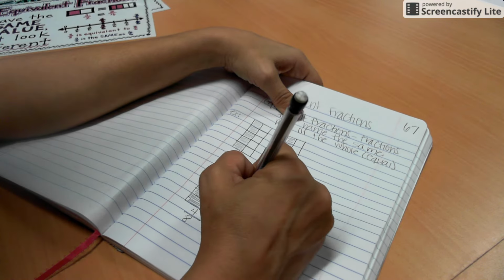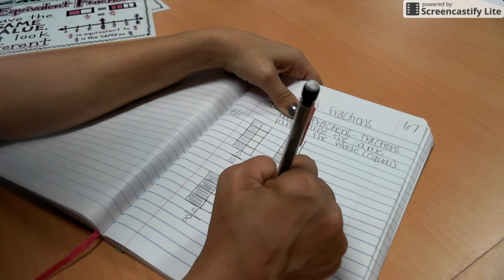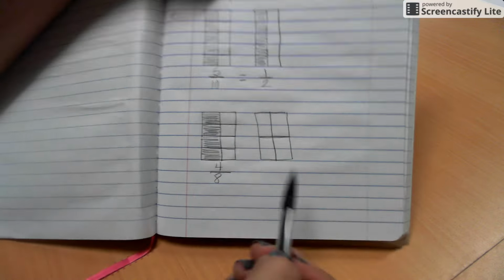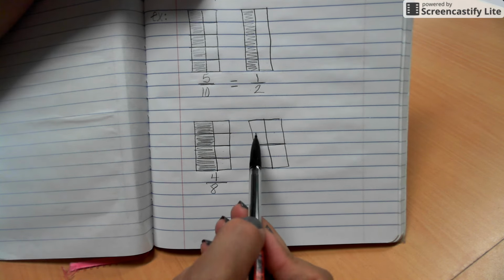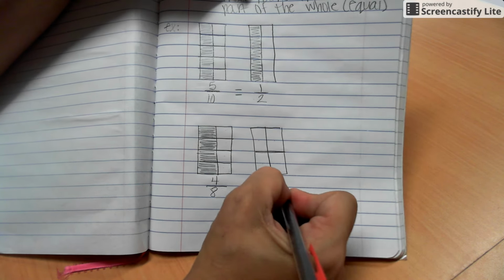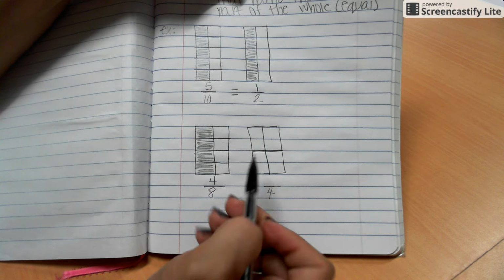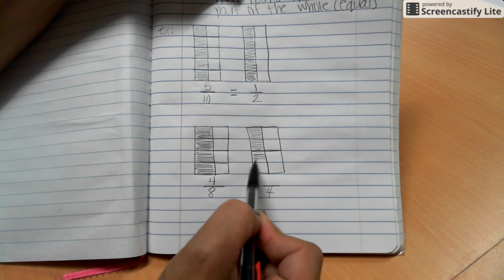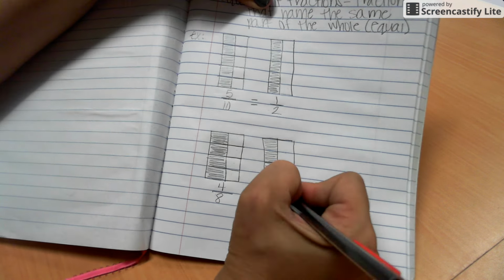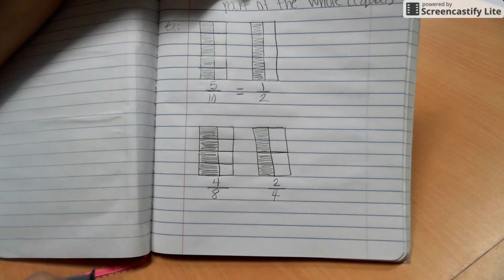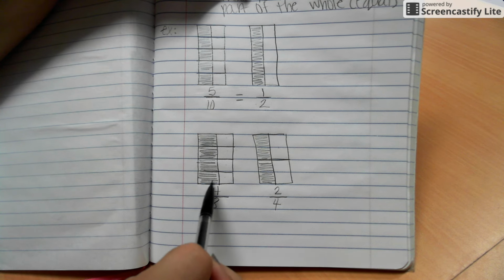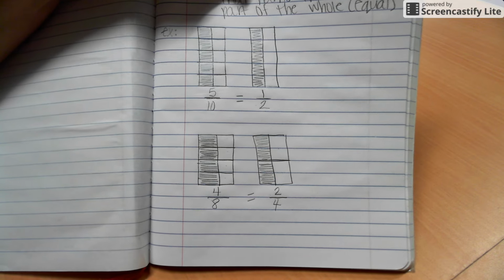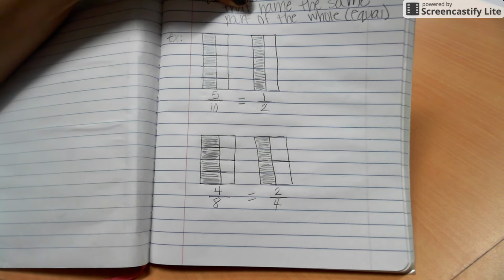Now, if I take the same shape, but this time I divide it into 4 equal pieces, 1, 2, 3, 4, this time I'm going to shade in 1, 2 of my pieces. Well, if I look, I have the same amount shaded as I do here. So that tells me that 4/8 is going to be equal to 2/4.